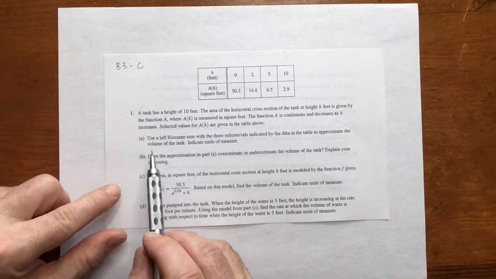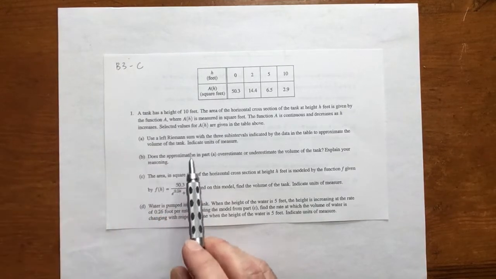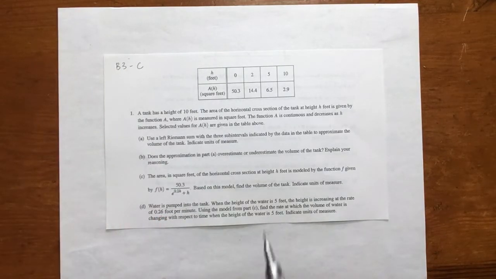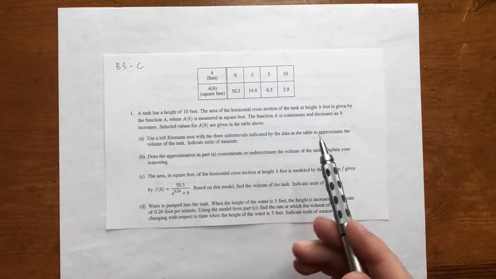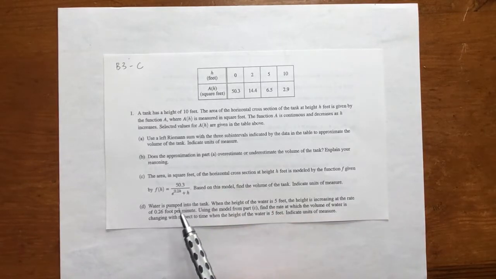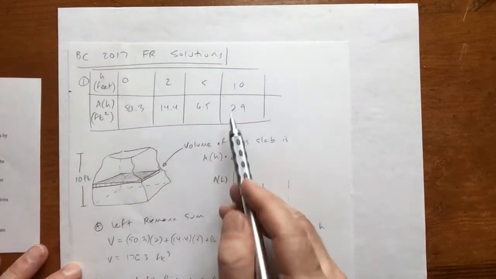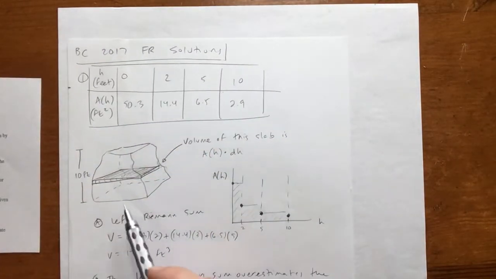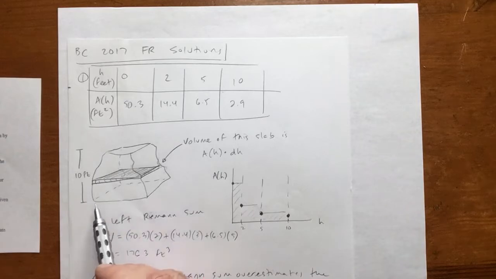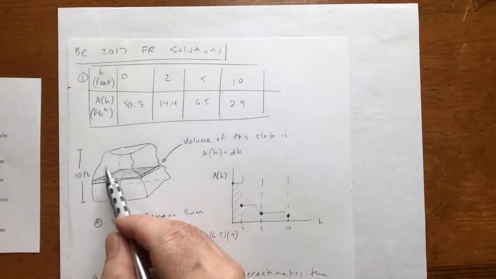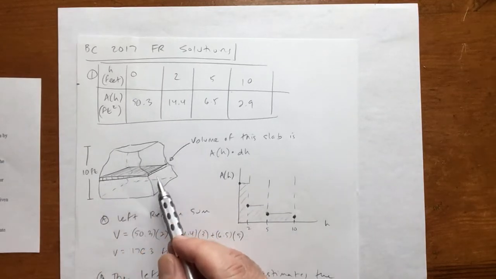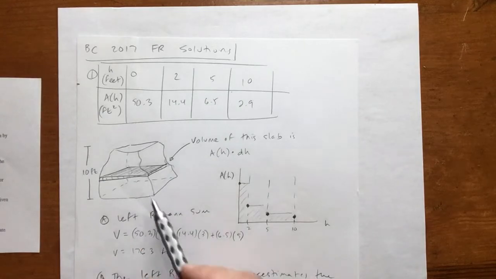Okay, so your first problem is to use a left Riemann sum with 3 subintervals to approximate the volume of the tank. So I've drawn a picture of this, and here we have our information again. This isn't what it looks like, but if this is the tank, notice that I tried to make it look like the cross-sectional area is decreasing as the height of the tank goes up.